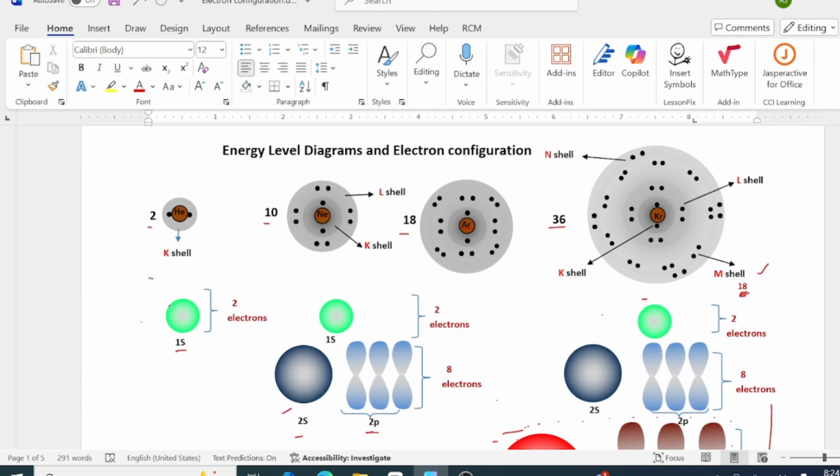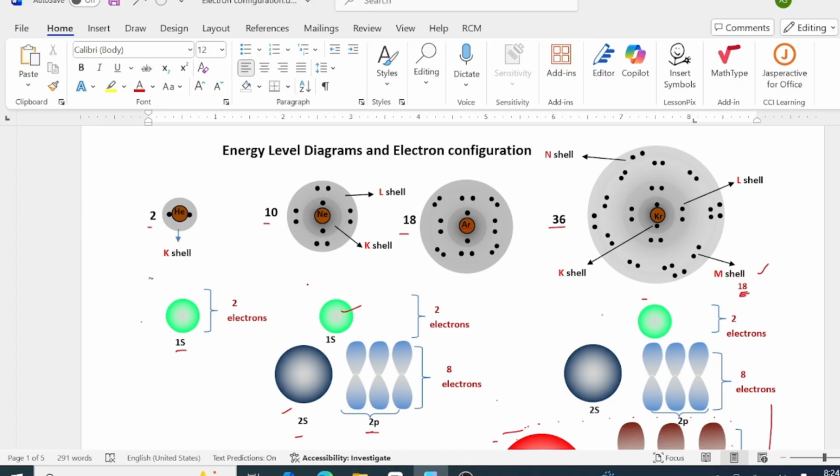These figures depict the Bohr-Rutherford diagrams for the atoms of the elements helium, neon, argon, and krypton. They also show the number and types of atomic orbitals present in each atom. Helium, with 2 electrons, has this spherical orbital here that is called a 1s orbital.